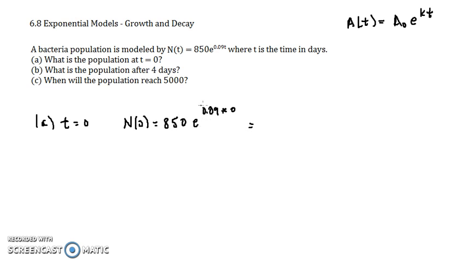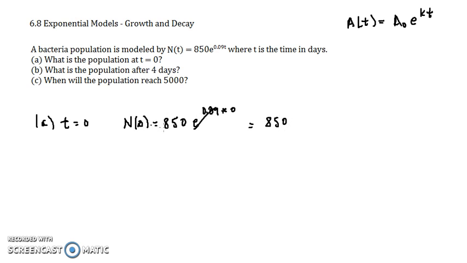Okay, so you can plug that into your calculator, or you can remember that e to the 0, anything to the 0, is just 1. That whole thing cancels out. We've got 850 times 1 is just 850. So we get the number of bacteria at 0 is 850.